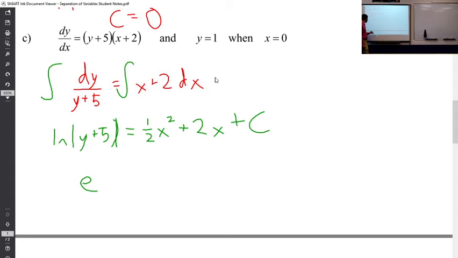The base is e. And the exponent is all this stuff on the right side. And you'll notice I got rid of absolute value bars there. I got rid of absolute value bars because e to any power is going to be positive.